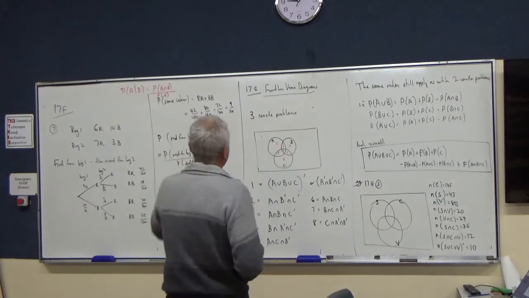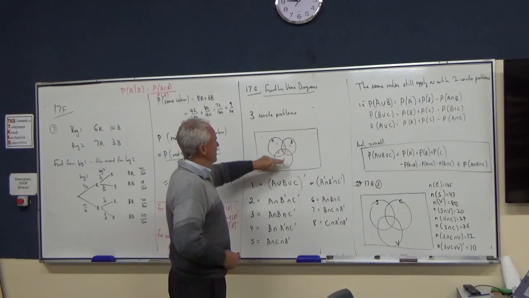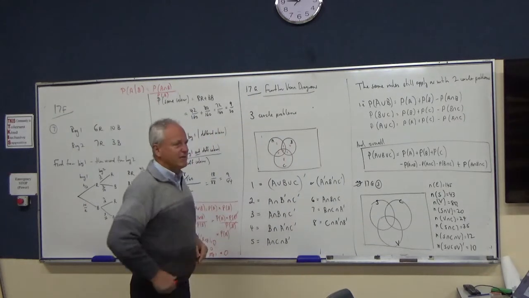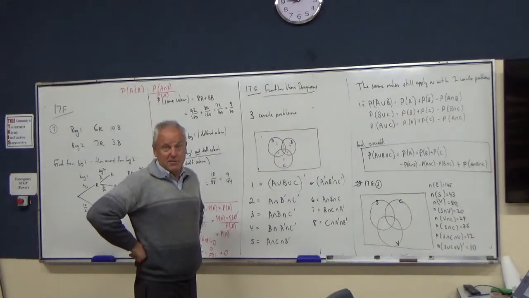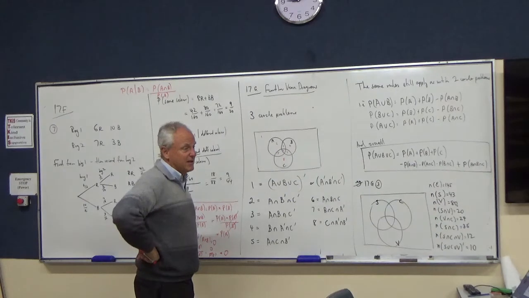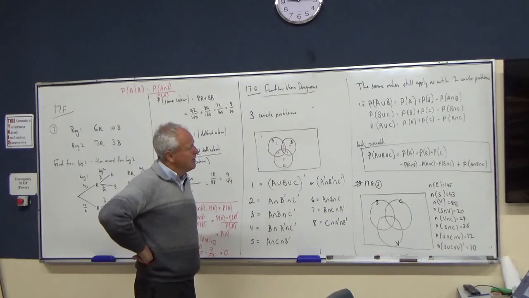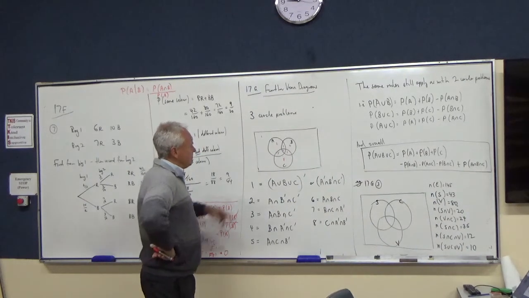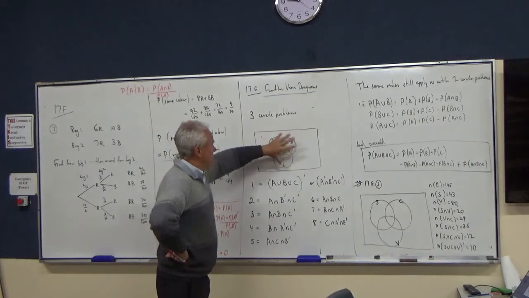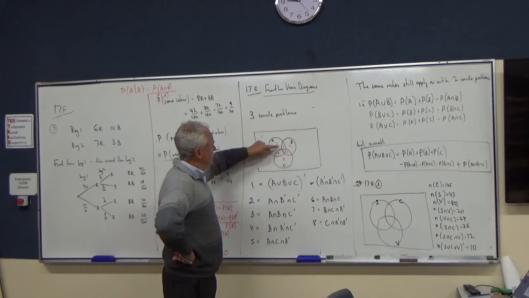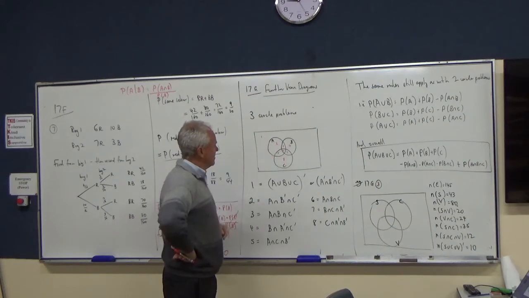All right, so 3-circle problem. I've got A, B, and C overlapping. Some of those regions may have no elements in them. They may have no probability, as we'll see shortly. But basically there are 8 different regions. There's region 1, which is outside the whole lot, and then 2, 3, 4, 5, 6, 7 and 8.